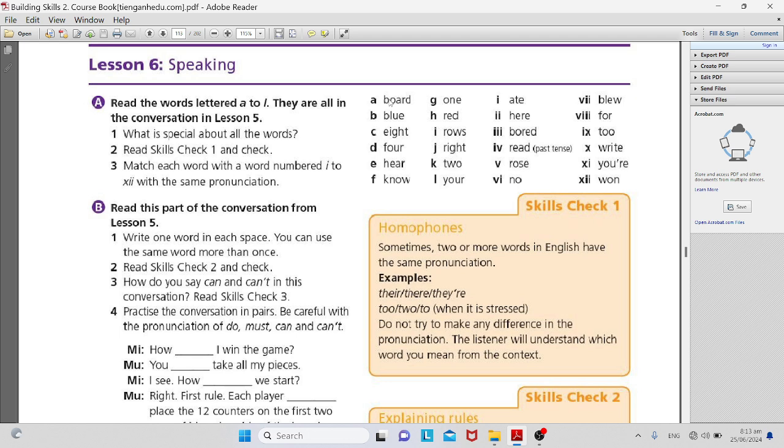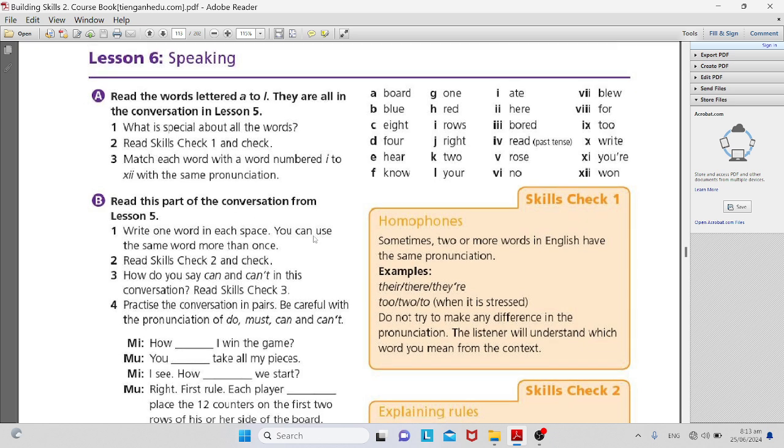So we have board with board here, blue with blue here, ate with the past of eat here, four with for here, here with here, no with no. You try G up to L yourselves.